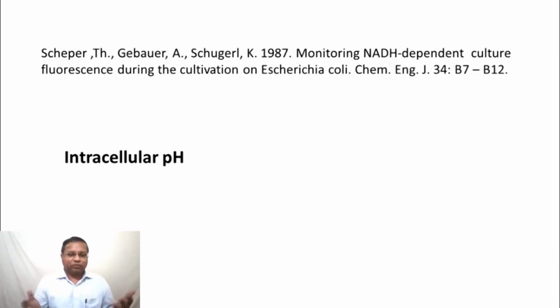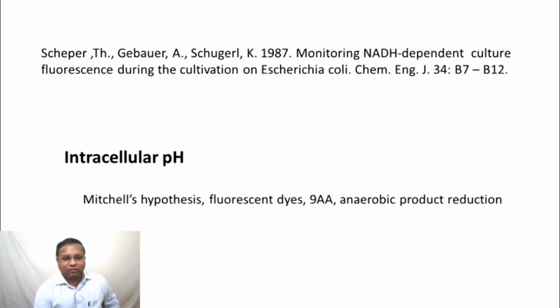pH of the medium we know goes up and down because of acid-base additions, and we said that the pH needs to be controlled at an optimum value for best bioreactor performance and so on. We are talking of intracellular pH, pH inside the cells. Now, the pH inside the cells can somewhat be related to the energy status of the cells, because there's something called Mitchell's hypothesis.